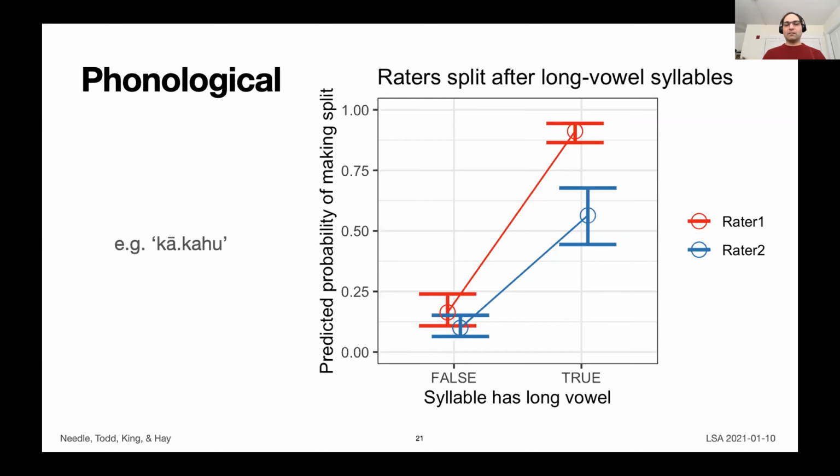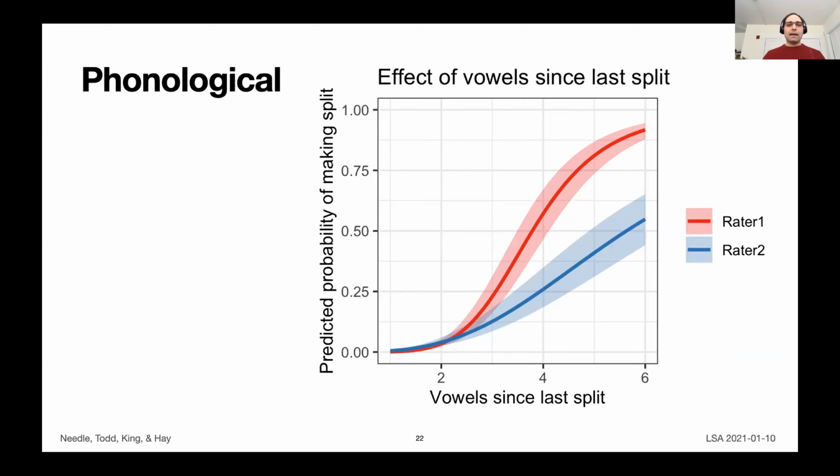Note here that the long vowel syllable satisfies what is likely a minimality pattern. So several prefixes have this consonant long vowel pattern. And both raters show positive, although somewhat different, tendencies to place a split increasingly as the number of vowels since their last split goes up. So we can note here that long morphemes are pretty rare, so this makes sense.